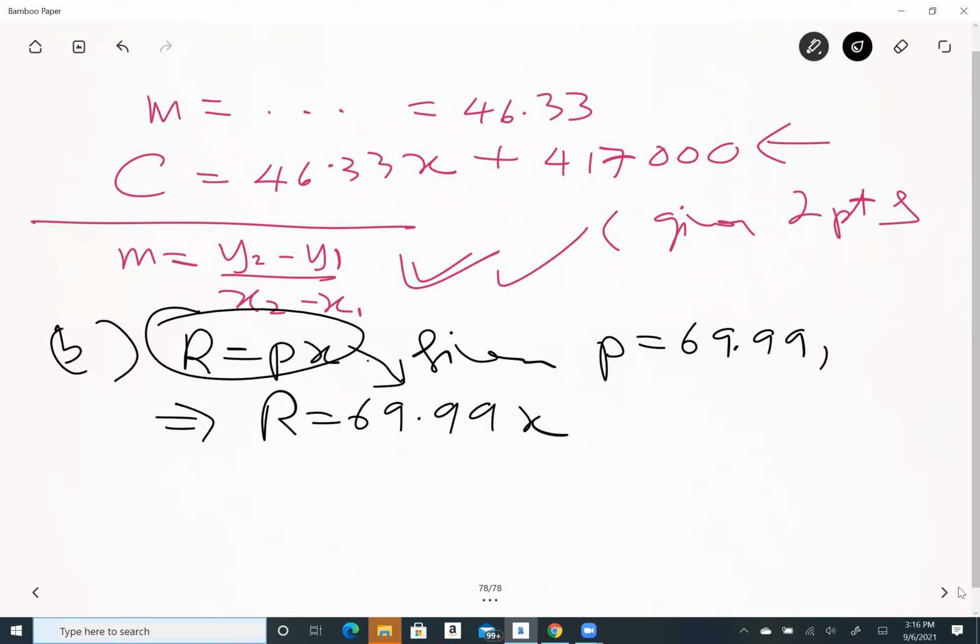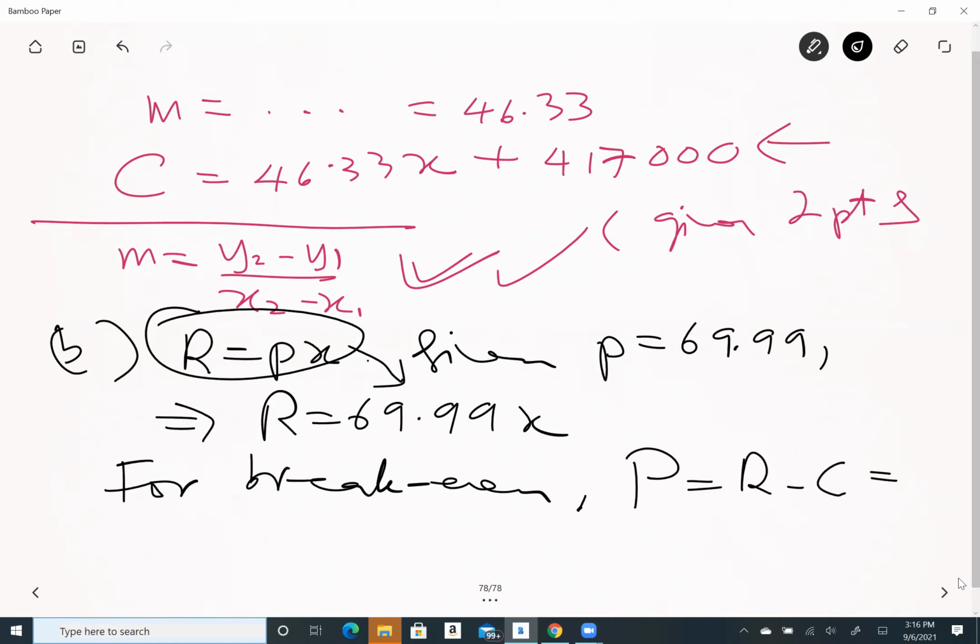Now for break even, what is the condition for break even? For break even, profit equal to R minus C equal to 0. So therefore, R equal to C. Or you can start with R minus C equal to 0. All right.